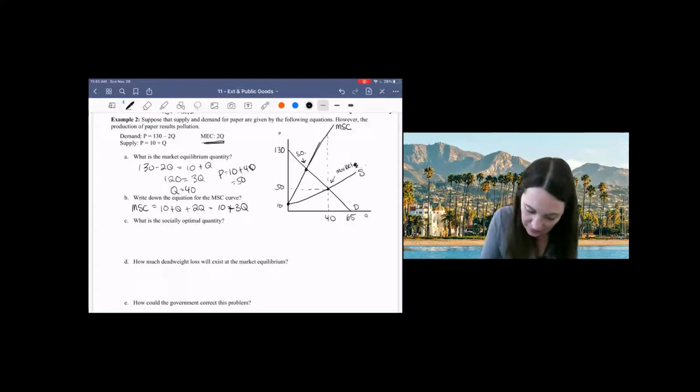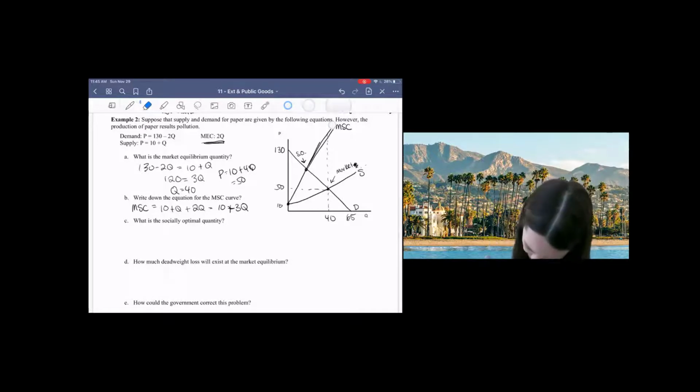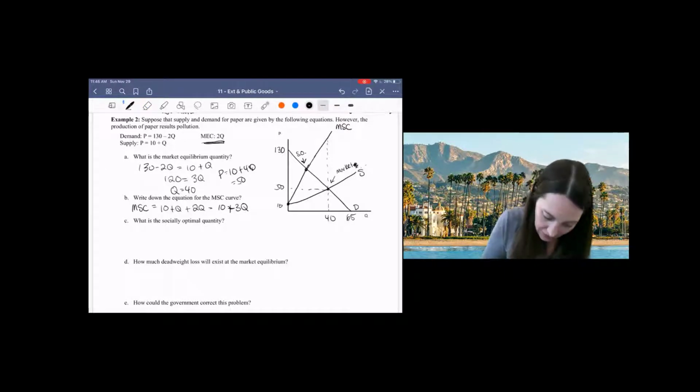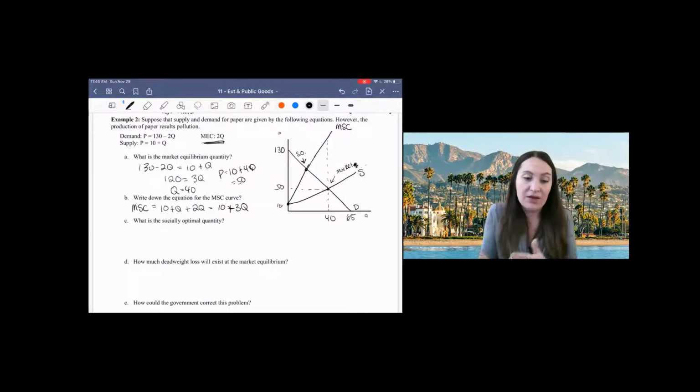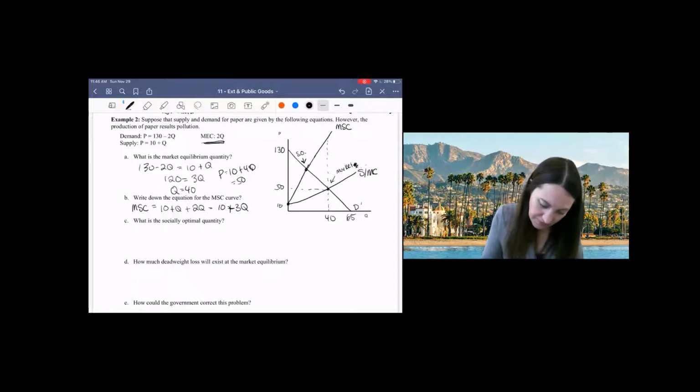Okay, so great. We have plotted our supply curve, our private cost, our demand curve, our private benefit, and our marginal social cost curve.